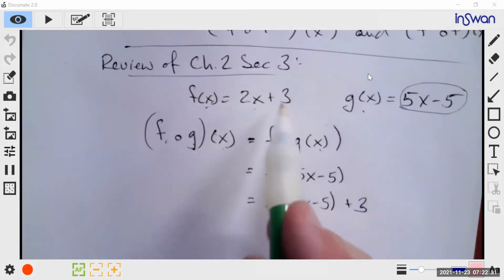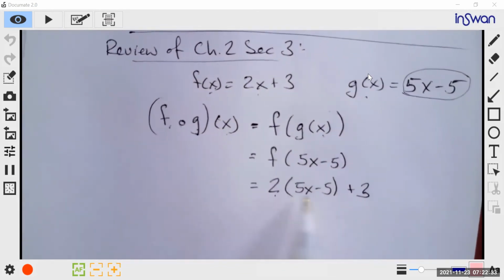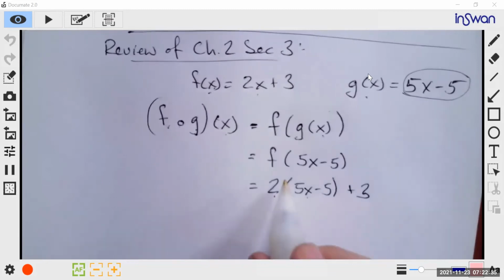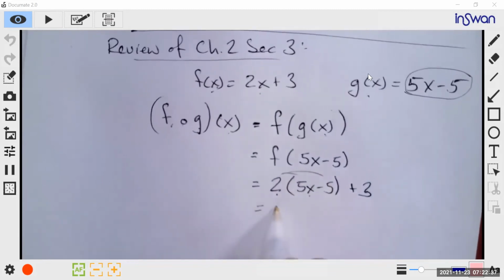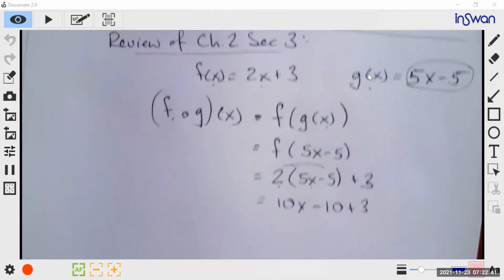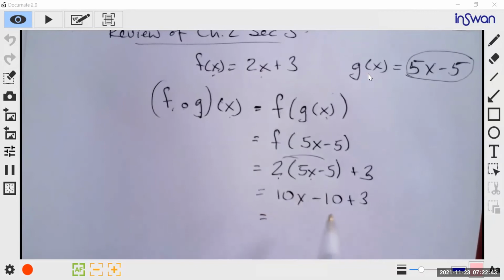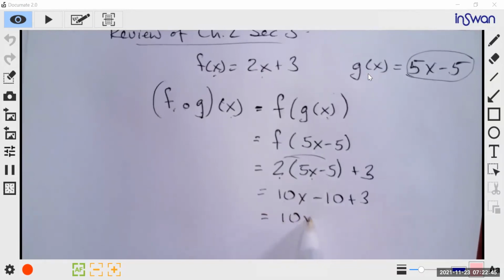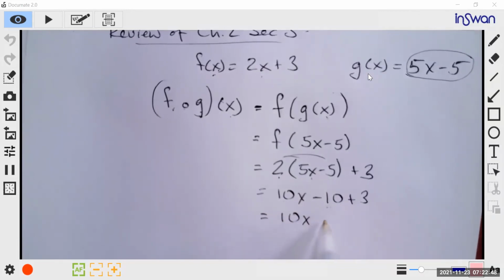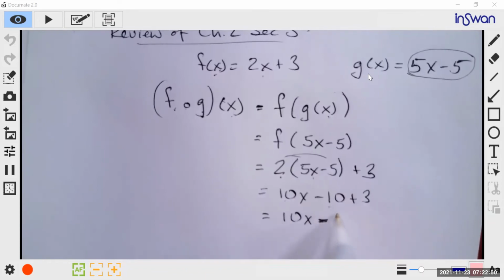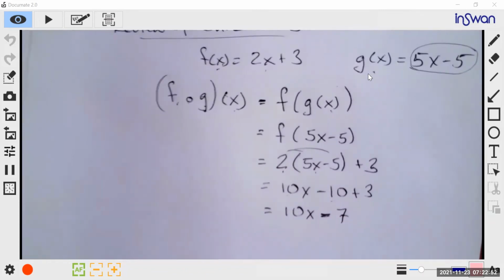That's the last part of the equation. So it's 2x plus 3. Get rid of the parentheses, distribute. 10x minus 10 plus 3. Combine like terms. Negative 10 plus 3, 10 is bigger, so it's negative. 10 minus 3 is 7. So there's the function f of g.